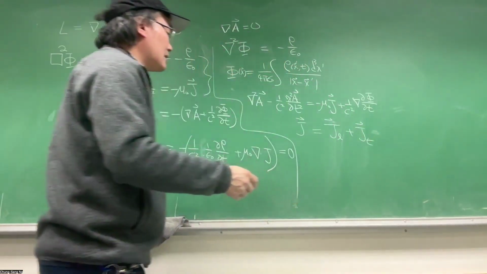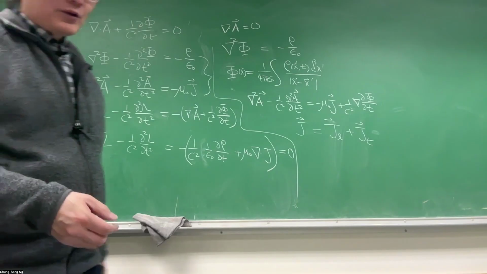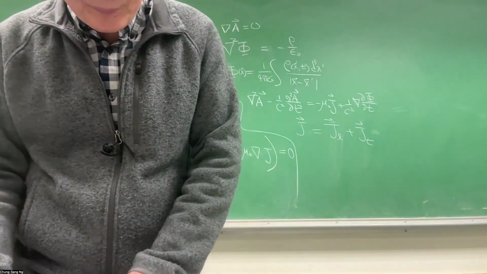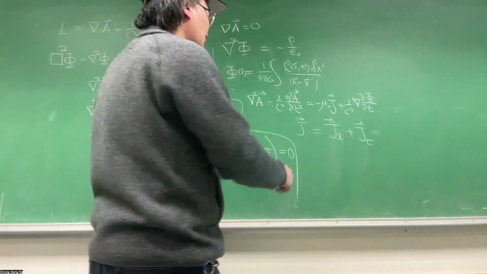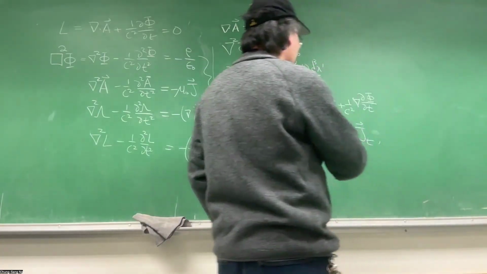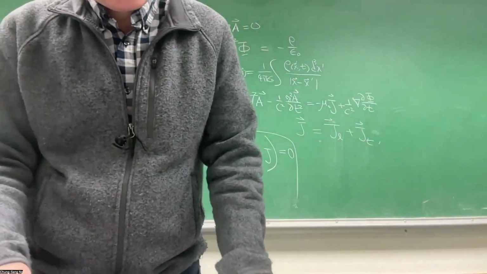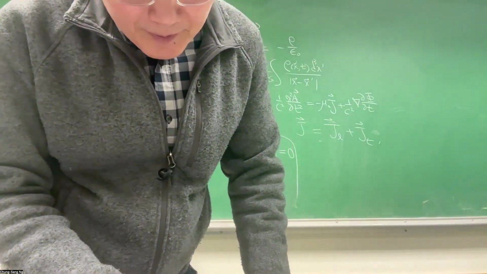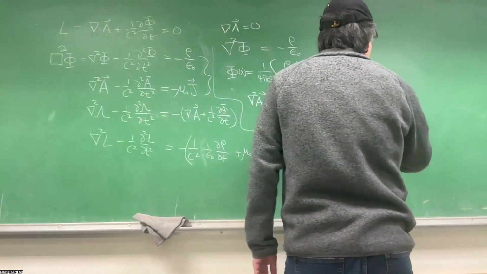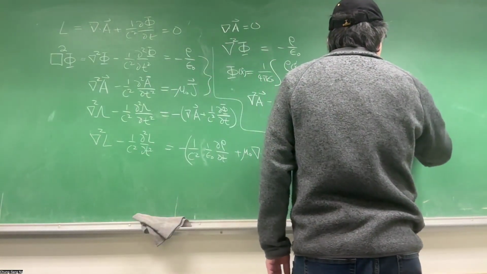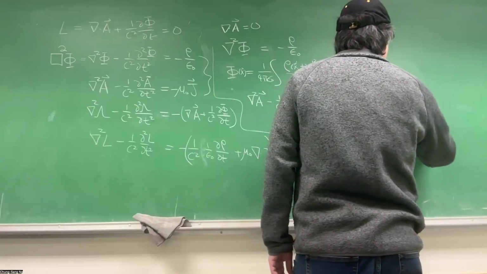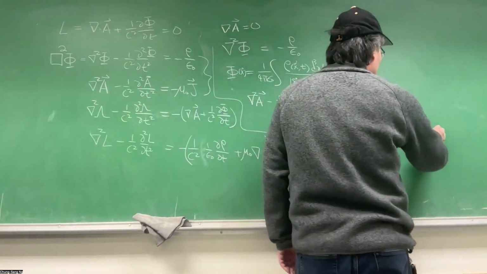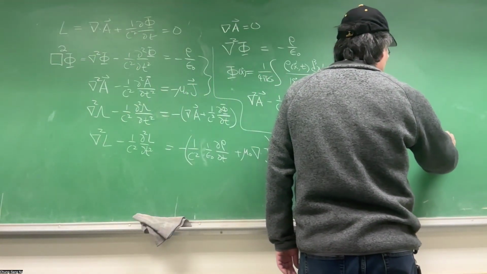You can always do that, especially when it's localized, when we can write down the solution. What it means is that the longitudinal part satisfies that the curl of it is 0, so curl of J_L is 0, and the other one satisfies that the divergence of it is 0.